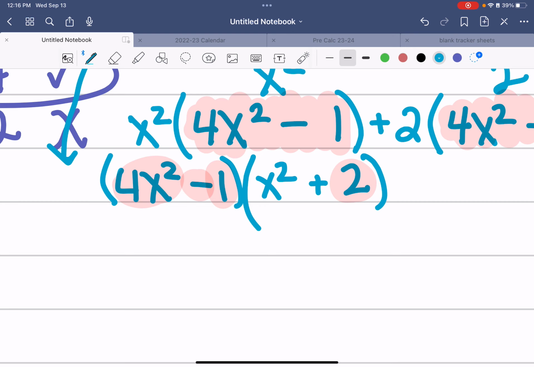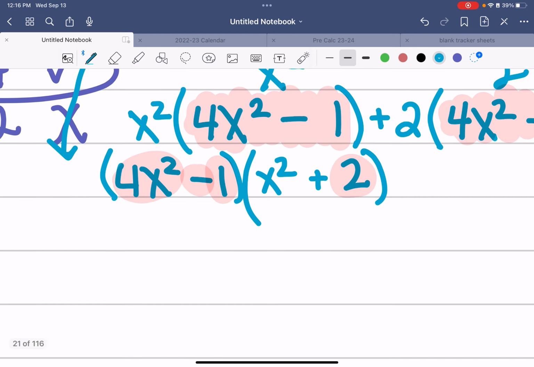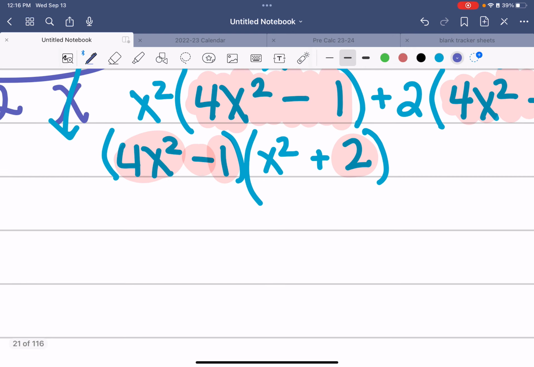So I'm going to look at this first one here. I have 4x squared minus 1. If I want to do a difference of two squares, I need to write all my terms as squared numbers. So instead of writing 4x squared, I could say 2 squared x squared. Instead of writing 1, I could say 1 squared because 1 squared is 1.